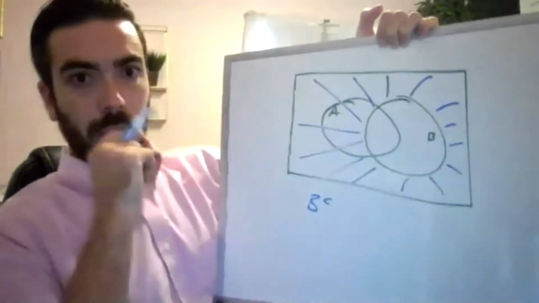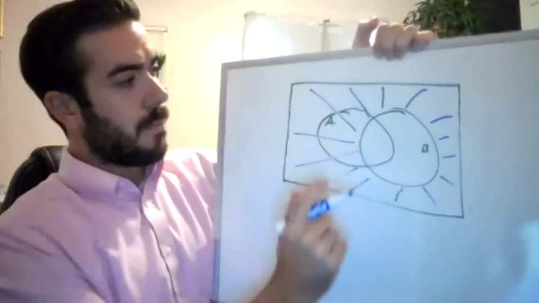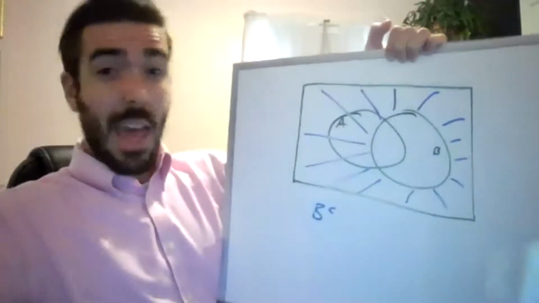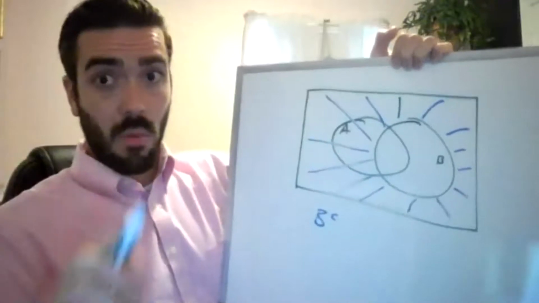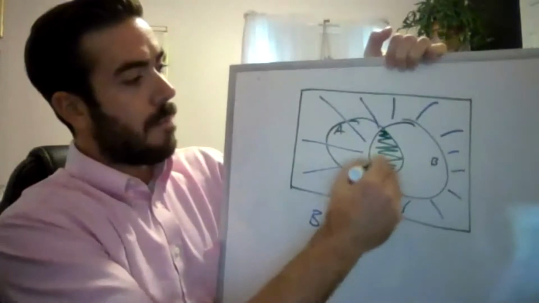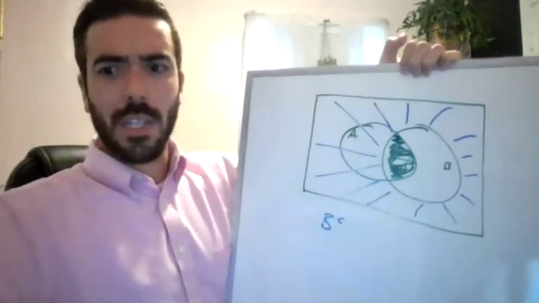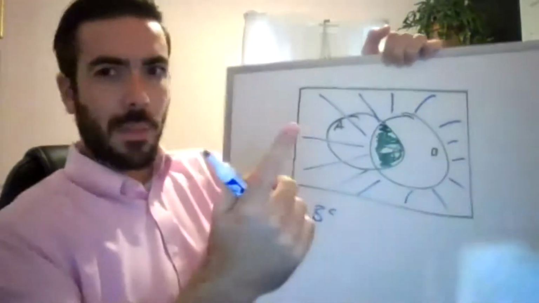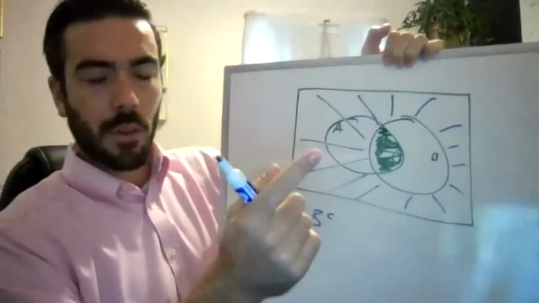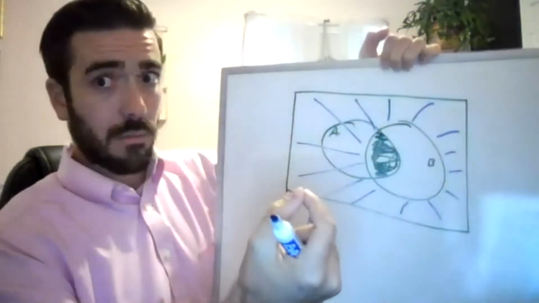So let's think about this. If I look at event A, so I'm looking at this circle here, everything that's in A and in B, or A intersection B, is going to be where those 2 circles overlap, right? Okay, that's the intersection of A and B. But now what happens if I think about the intersection of A with B complement?